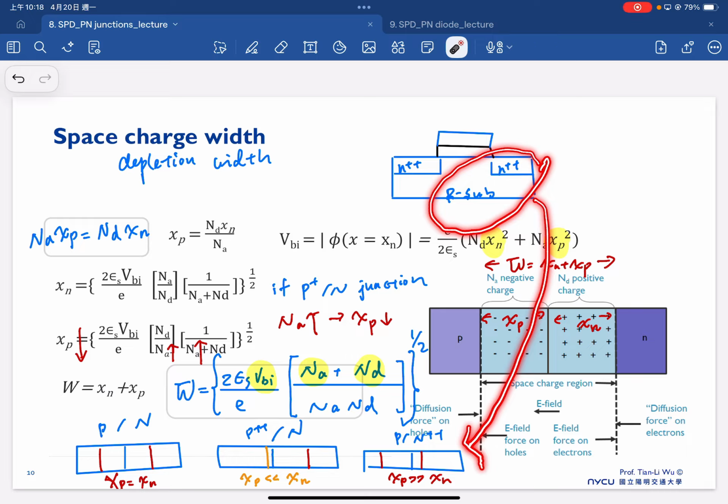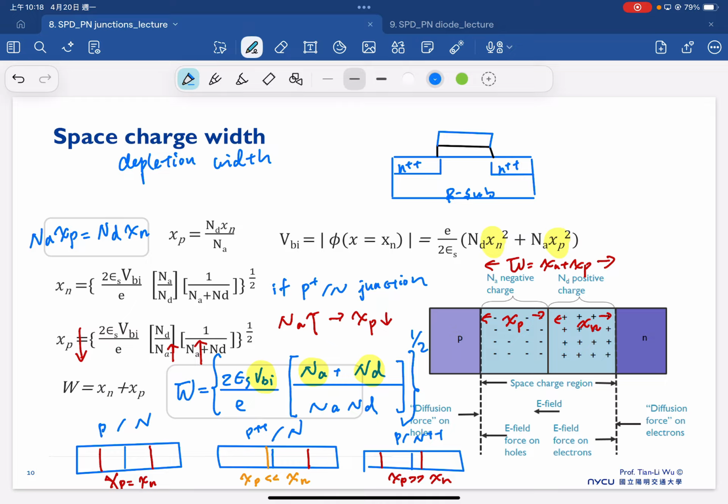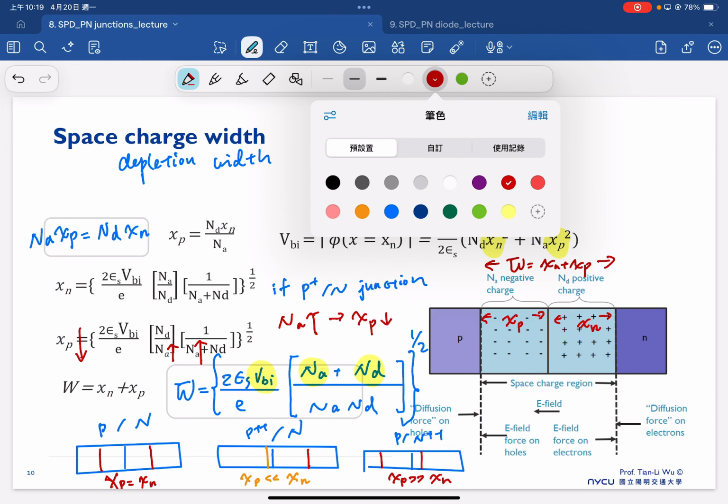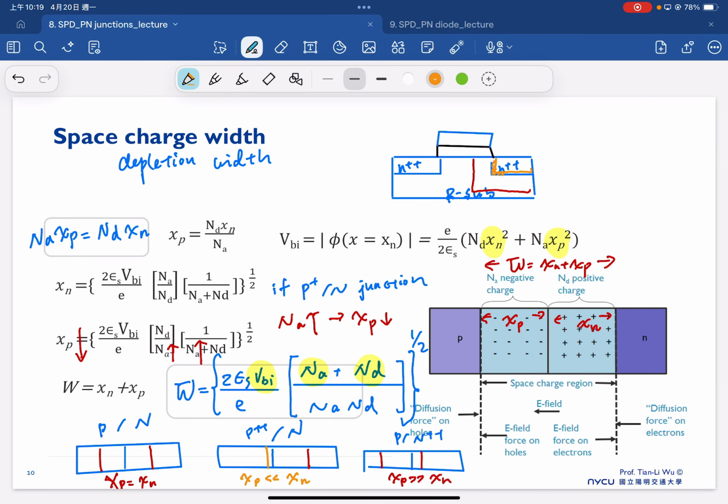This tells us that inside this N++ P between the drain and substrate, we will have the depletion width very narrow here, but a little bit wider in the substrate. So this is our depletion width between the drain and the substrate in reality.